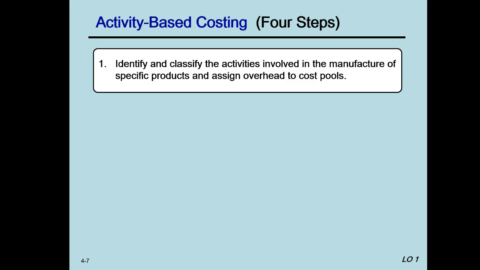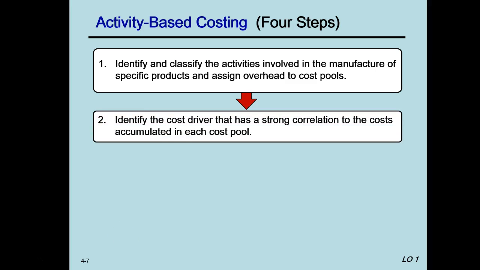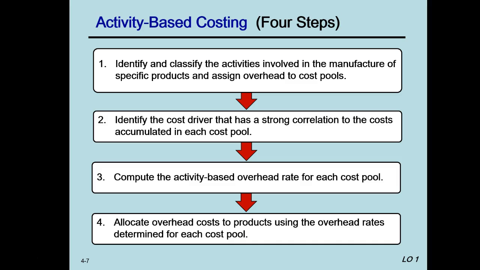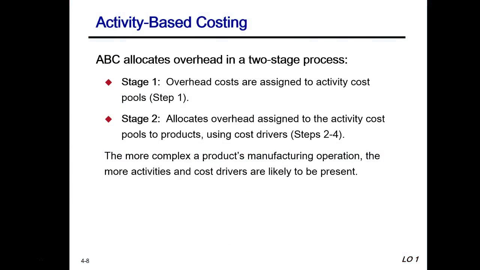And from there, we'll assign overhead to cost pools. Then we'll identify the cost drivers that have correlations to the cost accumulated in each pool, compute the overhead rate for each of the pools, and then from there we'll allocate those costs to products using those overhead rates.